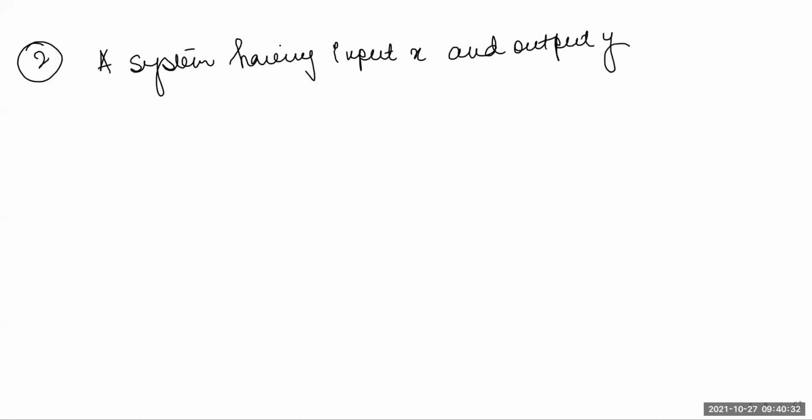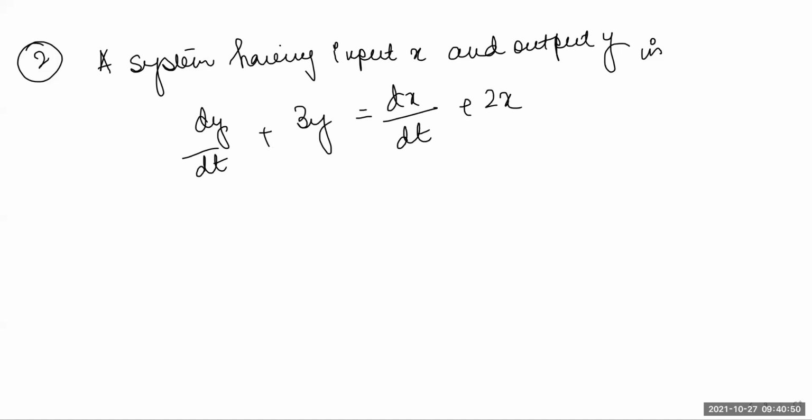Okay, output y is dy upon dt plus 3y, that is equal to dx upon dt plus 2x. This is my equation. Now I'm writing here, find the transfer function. So from this particular equation also you can find out transfer function.